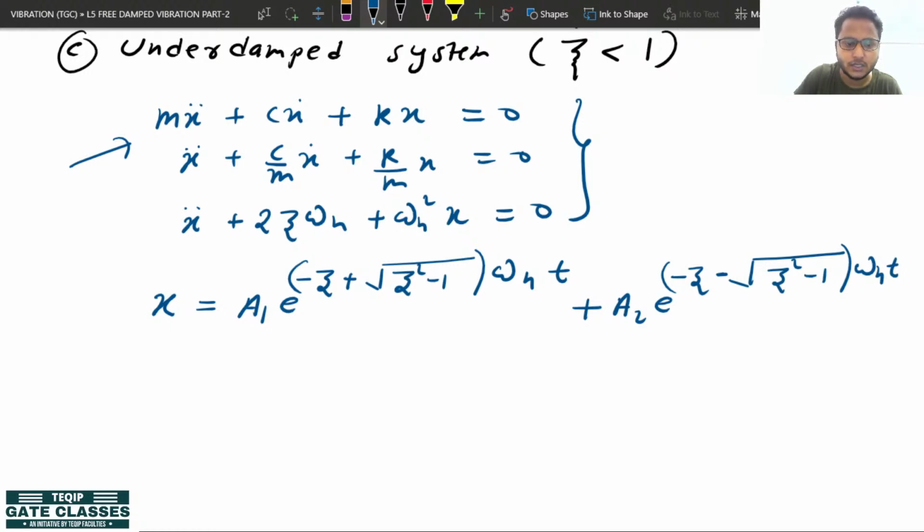So we have this equation as the solution of this differential equation. Now for the under damped system, what is the value of zeta?